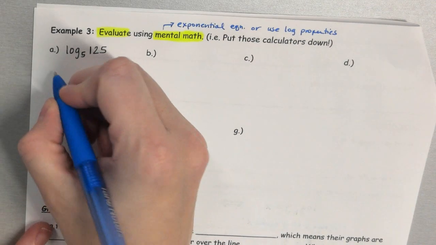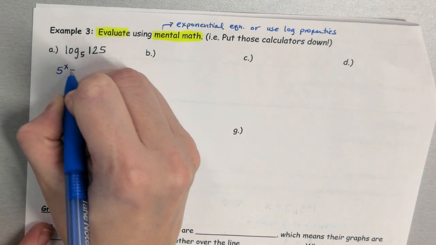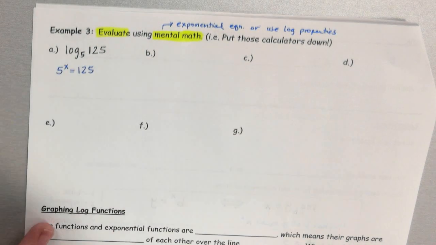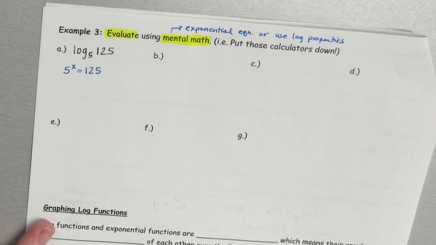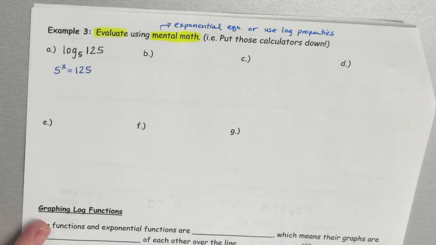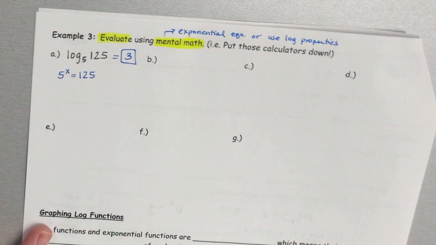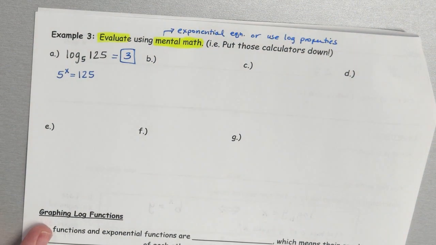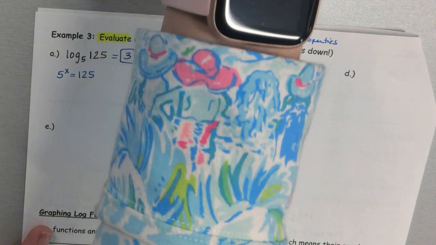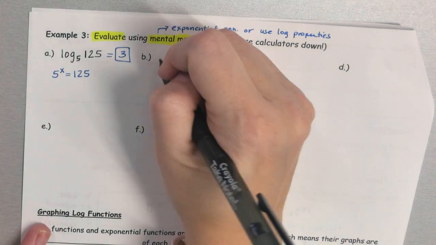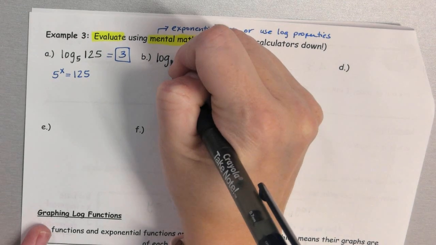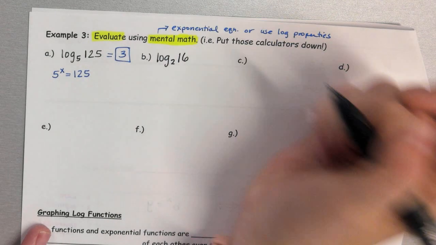This would be 5 to what power equals 125? And then what would the answer to that be? 3. Good. So that's what you would have is 3. Alright, so based on that, why don't you do B? Log base 2 of 16.